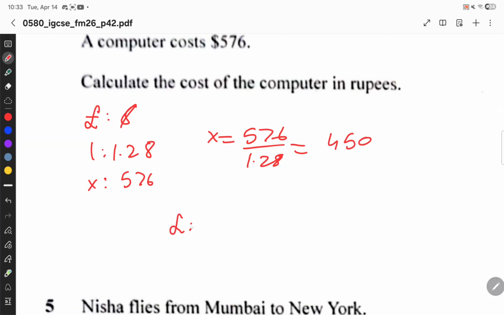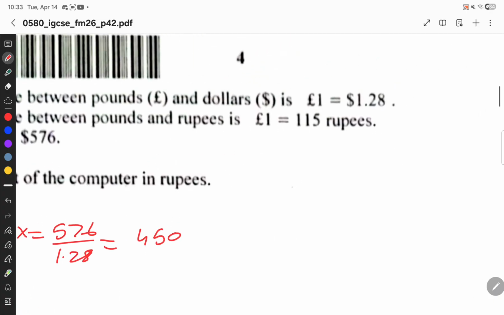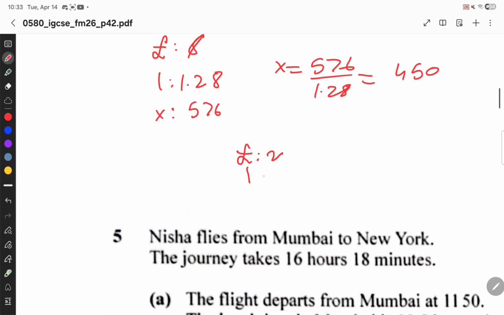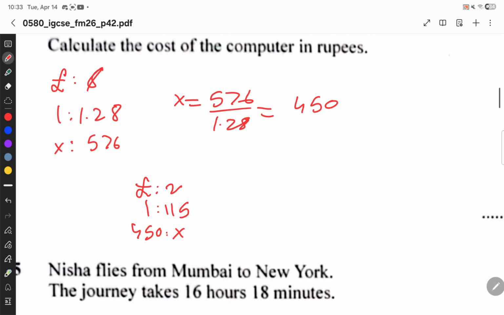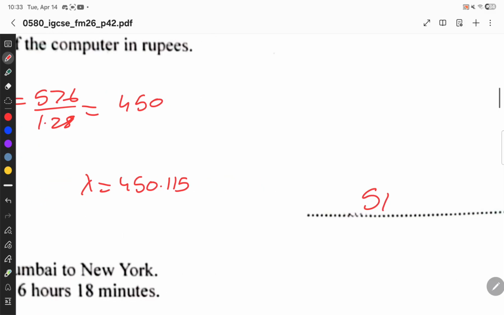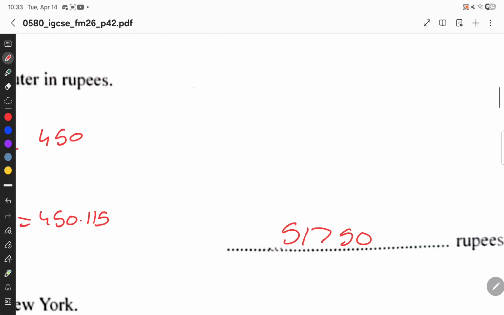Now euro to rupees is 1 to 115, x. So x is equal to 450 times 115, which is 51750.